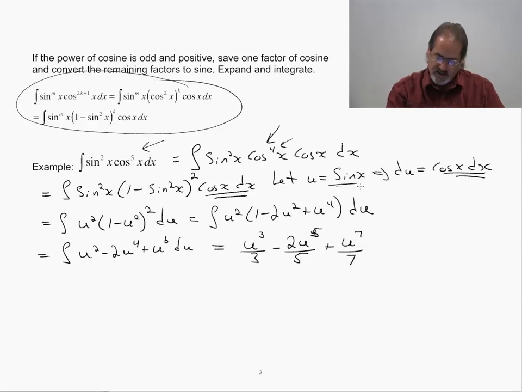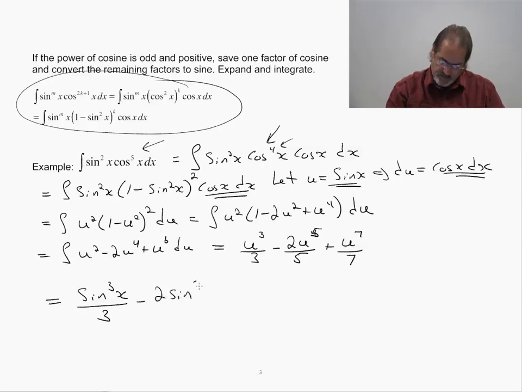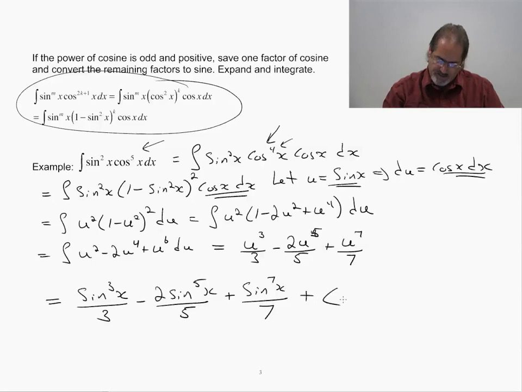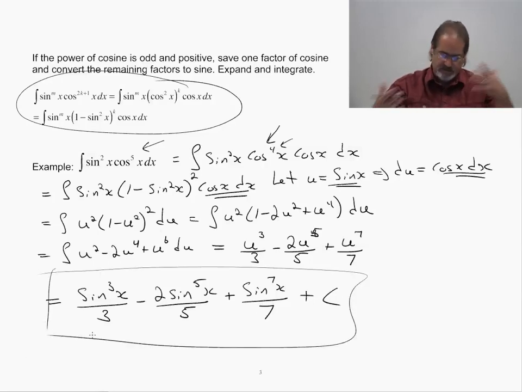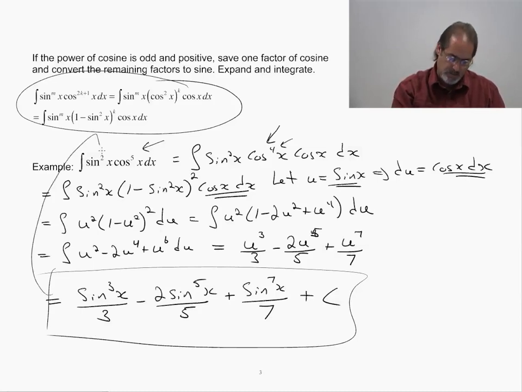But remember, u is sine, so this is actually going to give me sine cubed of x over 3 minus 2 sine to the fifth of x over 5 plus sine to the seventh of x over 7, and I can't forget that constant of integration. So, absent any other simplification you may want to mess around with, that's the solution to our original integral.